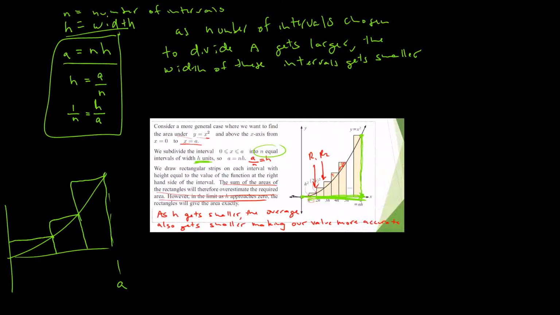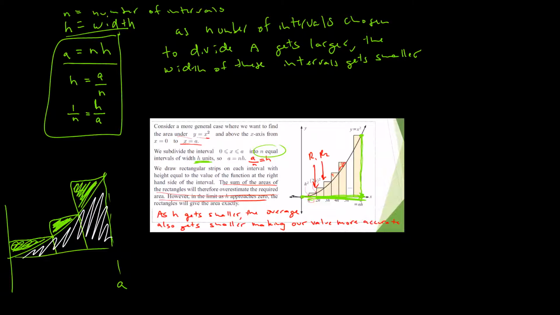Now, you can see I have a lot of overage here. So if I'm taking the sum of the area of these rectangles and using that to represent the area underneath here, I'm going to be overestimating by quite a bit.